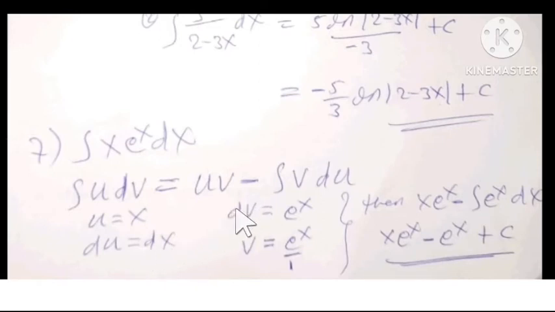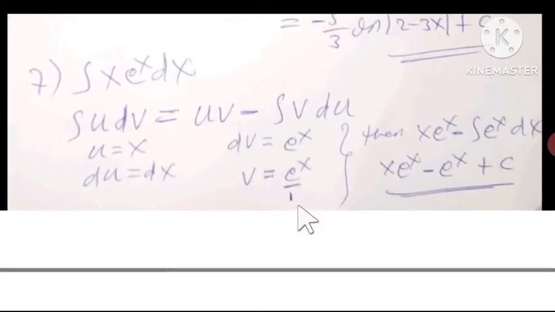And dv is e to the power of x. What is v? V is the integral of e to the power of x, which is e to the power of x over 1, because the derivative of v is equal to e to the power of x.